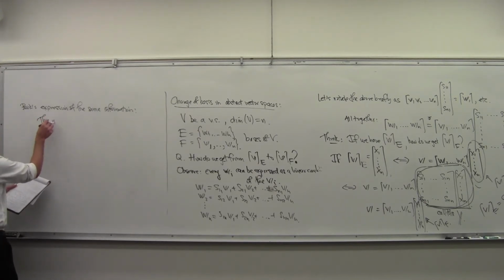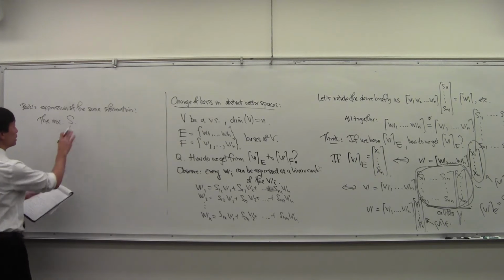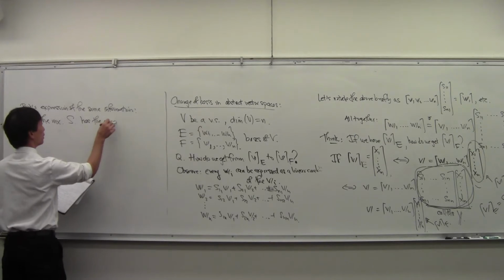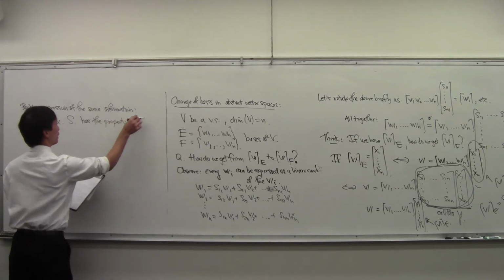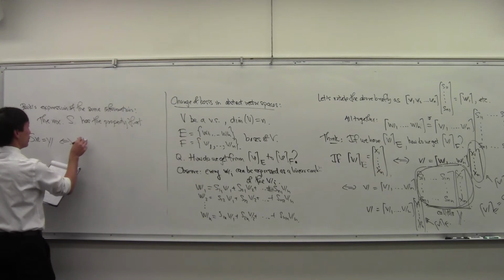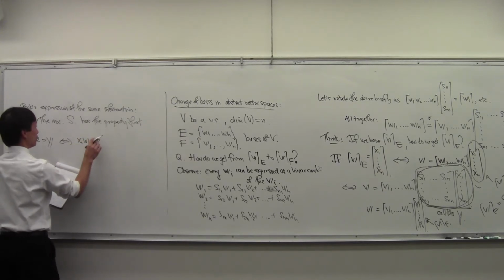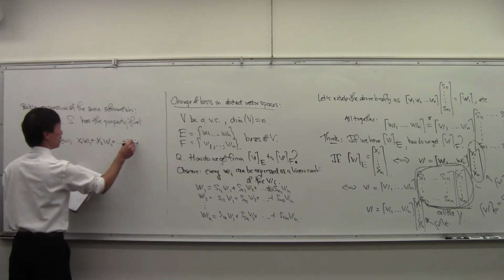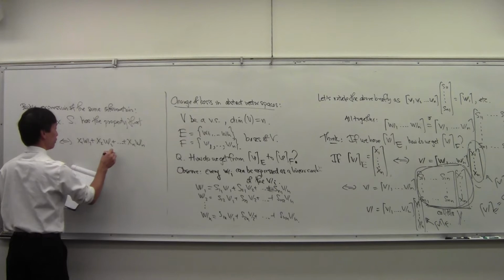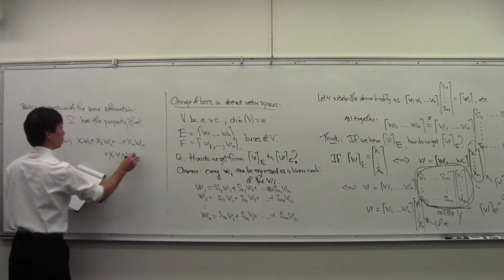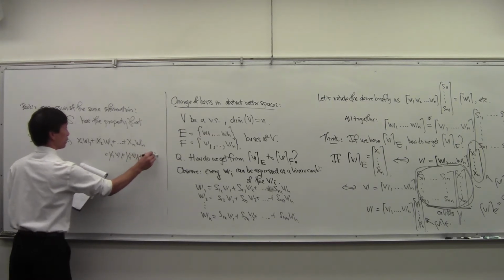The matrix S that we just constructed has the property that Sx equals y if and only if x1 w1 plus x2 w2 plus xn wn equals y1 v1 plus y2 v2 plus yn vn.